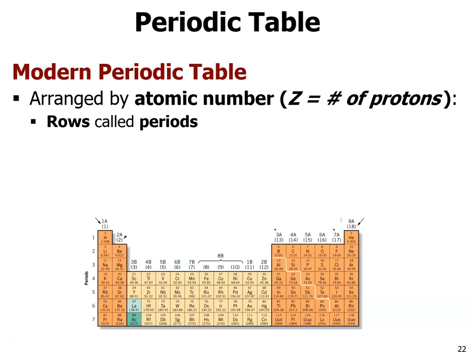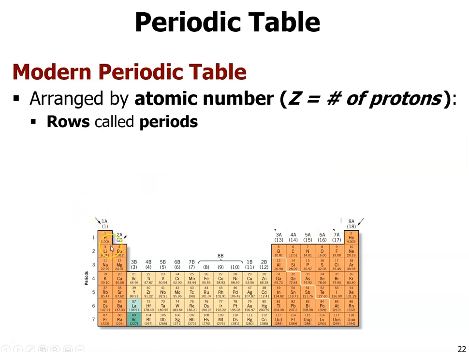So the difference between hydrogen and helium is that hydrogen has 1 proton, helium has 2 protons. So that number is both called the atomic number, but it's also the number of protons that are found in those elements.